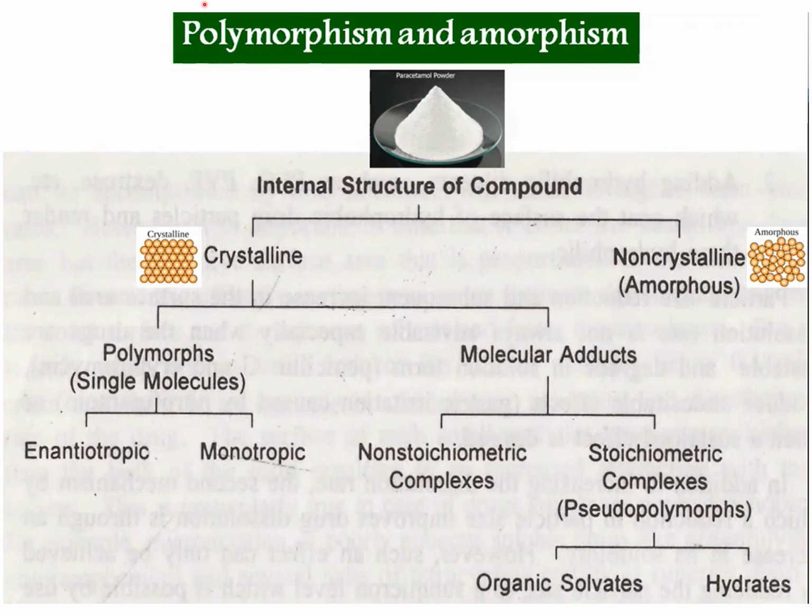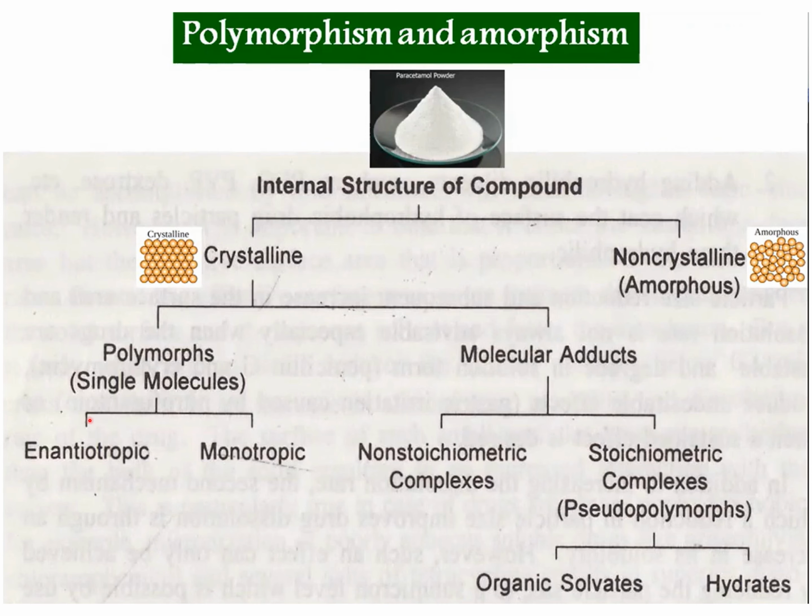If we categorize polymorphism, we would find that the internal structure of a compound can be of two types, that is crystalline. We can see that the crystal structure is very much organized. But we can have another one that is non-crystalline. These are also called amorphous, because no particular structure is seen here. However, we'll study these crystalline shapes. This can be divided into two forms: one is polymorph and another is molecular adducts.